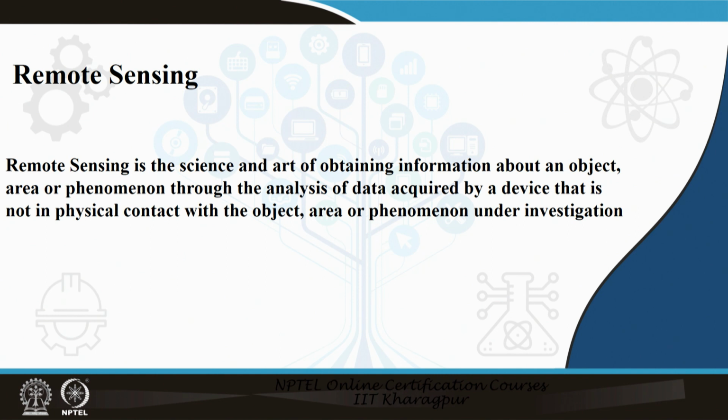So if you want to define remote sensing, let me be very specific. It is a science and art of obtaining information. Information is the last part of data analysis in remote sensing, which becomes data for us. It is a science and art of obtaining information about an object.